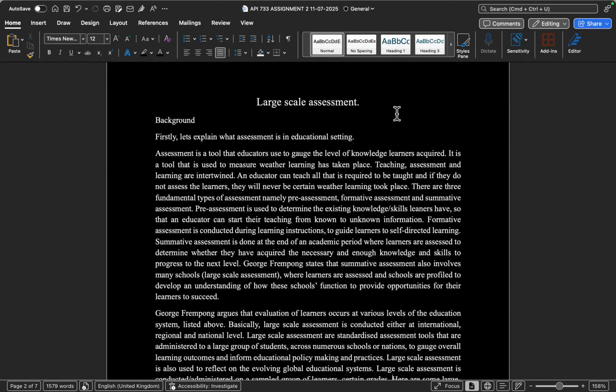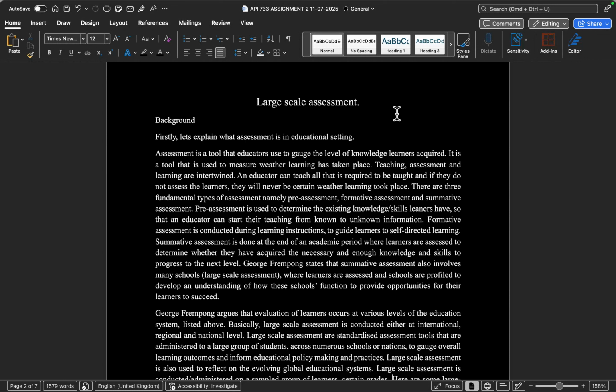If we move further down, when we talk of assessment, there are three fundamental types of assessment. We've got pre-assessment, formative assessment, and summative assessment.